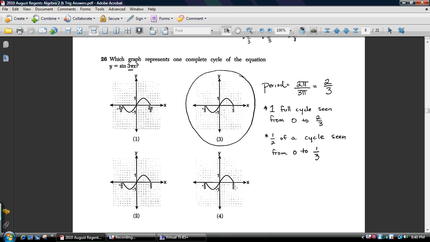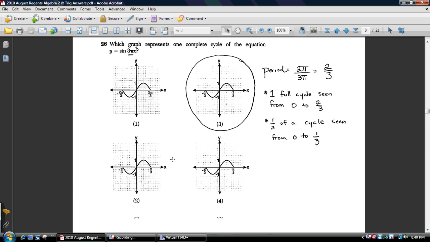And then 2/3, well, it's certainly not this one because I was supposed to see a whole sine graph between 0 and 2/3, and I'm only seeing half of it. So take a look at this graph right here. If I'm supposed to see the whole graph between 0 and 2/3, then I should see half of the sine graph between 0 and 1/3. And that's what's going on here. And so that's why I chose choice 3.